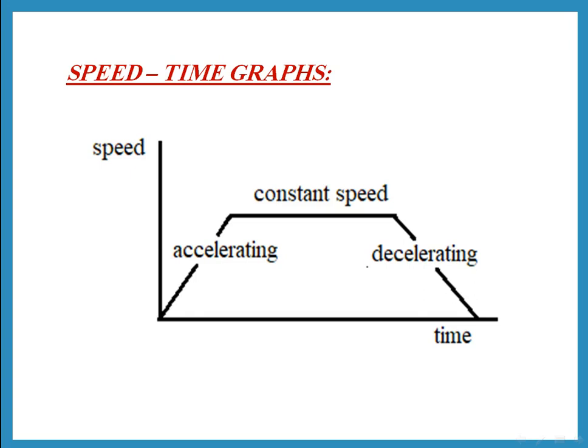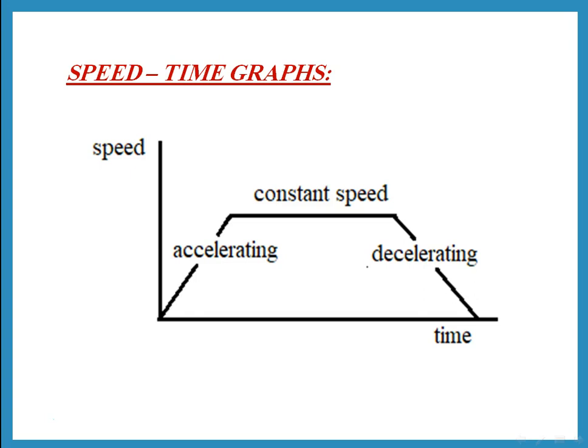Now, if I reach a horizontal line in the speed time graph, the object is still moving, but it is moving at constant speed. You understand the difference? The other one was a distance time graph, and we said the horizontal line means the object is not moving. But here, this is a speed time graph, so a horizontal line means that the speed is the same. That means it is moving at constant speed.